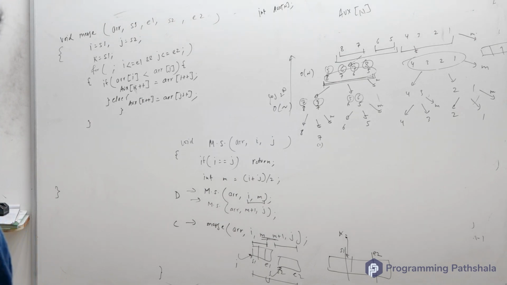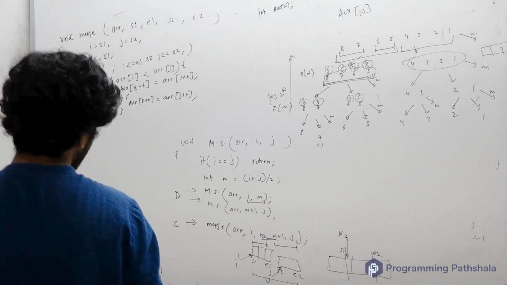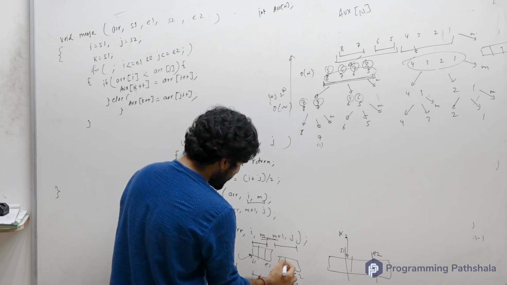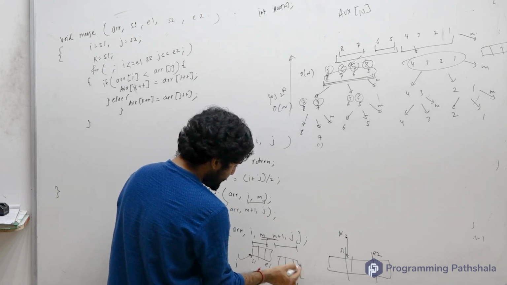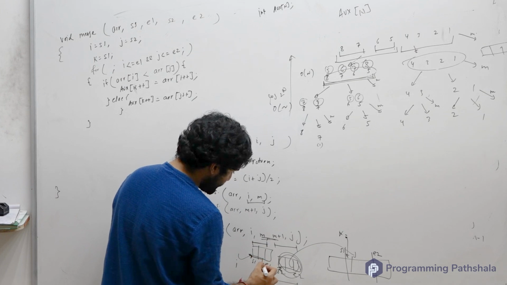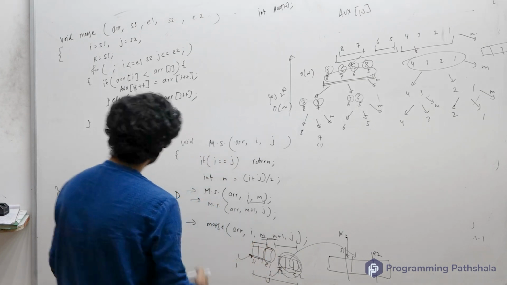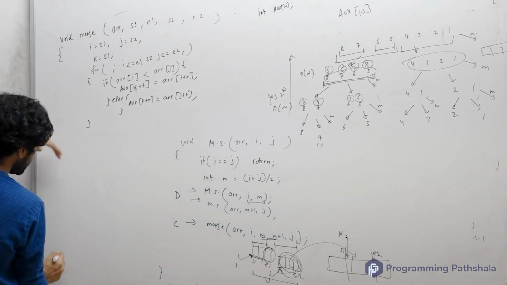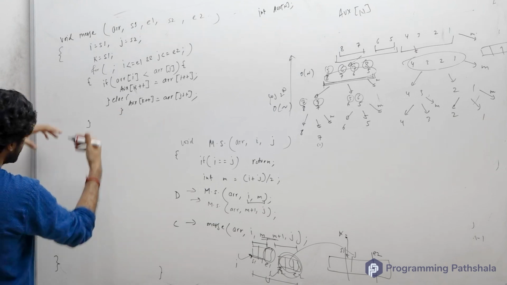Is this much enough? No, because it could have happened that, let's say these were the two arrays and I was able to ensure that all these come here, but from here just these two came and this element got left. So I need to write code for that, just like I wrote in the beginning of the class.